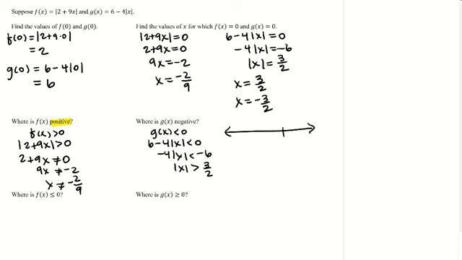At this point, I think, where is the absolute value greater than 3/2? When am I farther away from 0 on the number line than 1.5? Okay, so it's out here and out here. So what I'm going to get is that x needs to be greater than 1.5, or x needs to be more negative than negative 1.5.